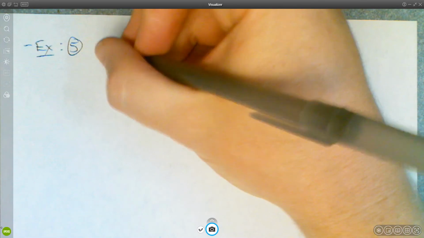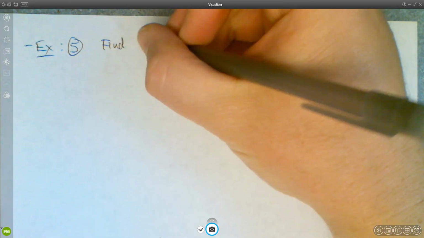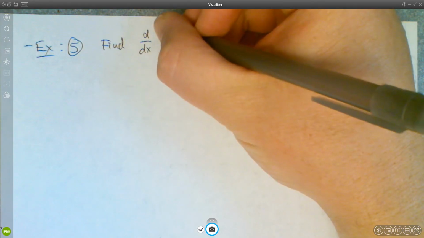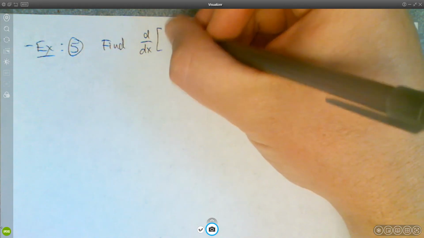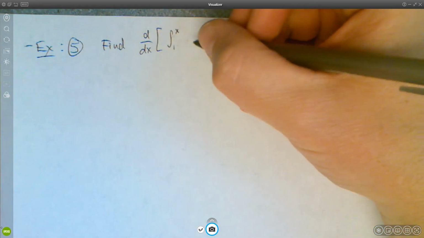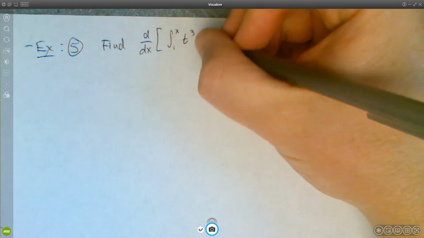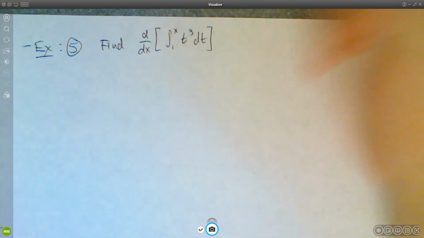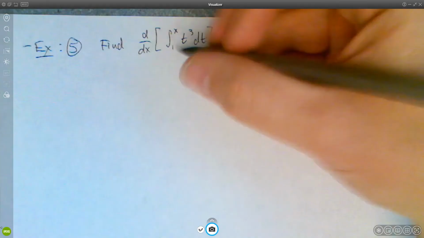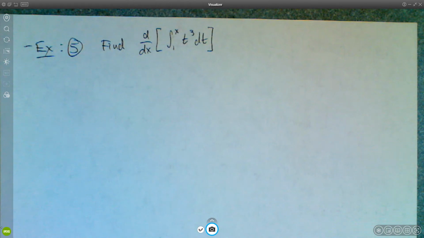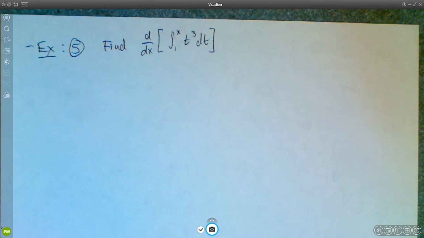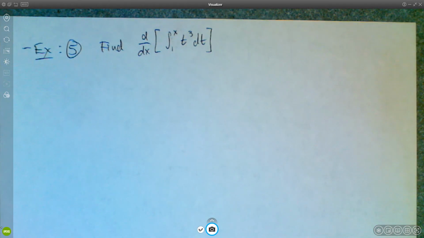Okay, but just to give you some practice with fundamental theorem of calculus part 2, let's find the derivative with respect to x of the integral from 1 to x of t cubed dt. Let's find this integral directly, and then we'll note that it verifies what the fundamental theorem of calculus part 2 says, right?